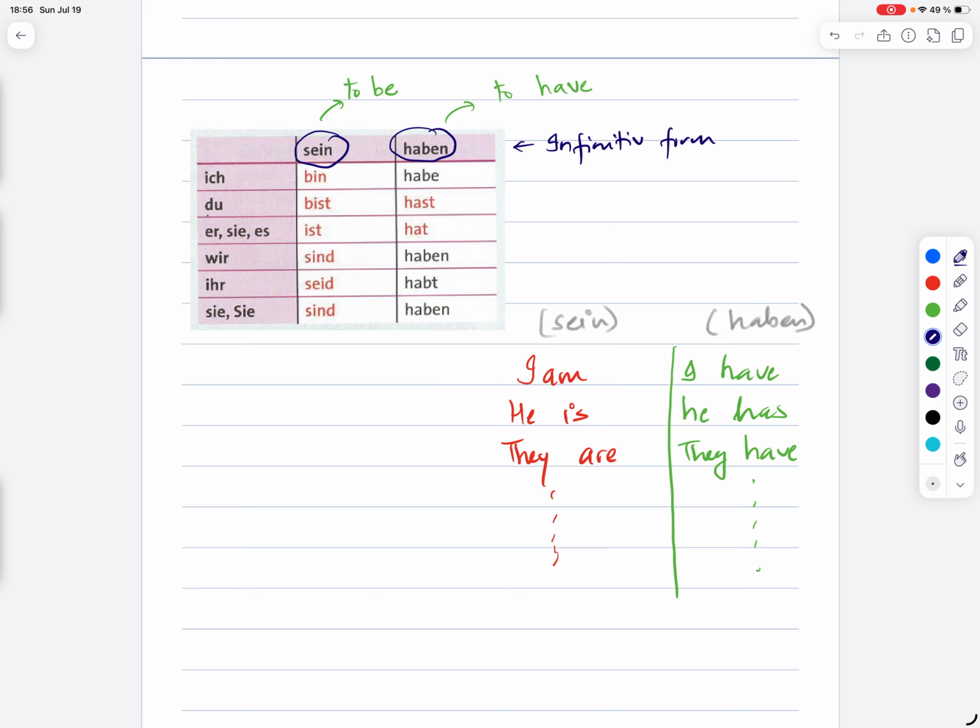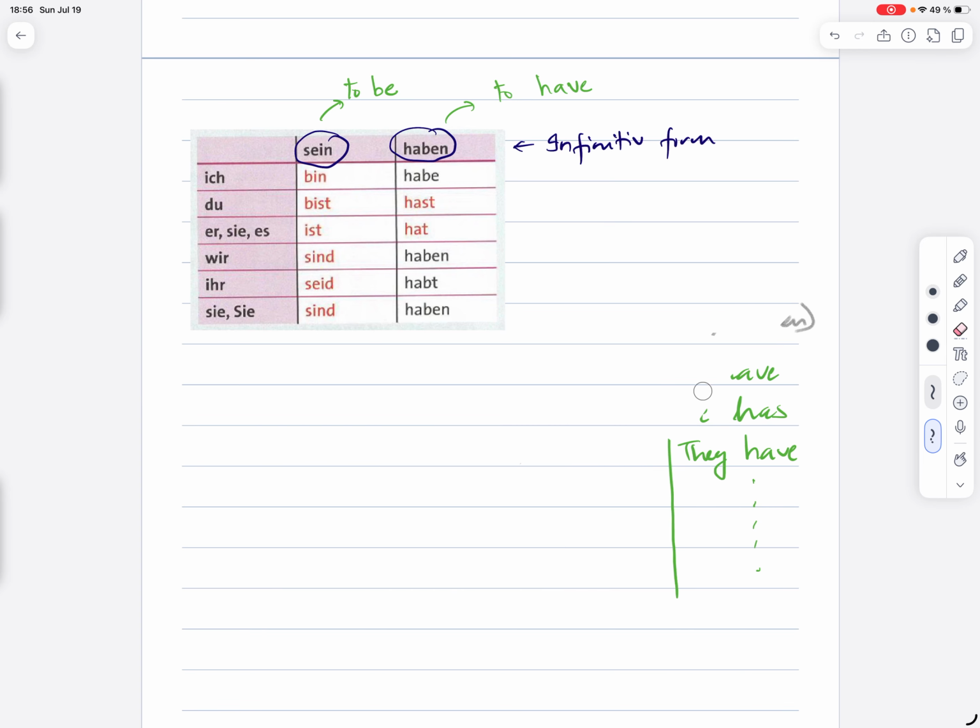We have ich, du, er/sie/es, wir, ihr, and sie, and then we conjugate. So let's start with the conjugation. If you remember the conjugation rules of verbs in German, if they are in infinitive form, how do we conjugate them? So let's start with haben.